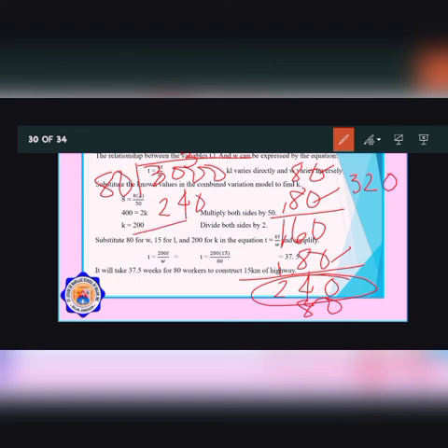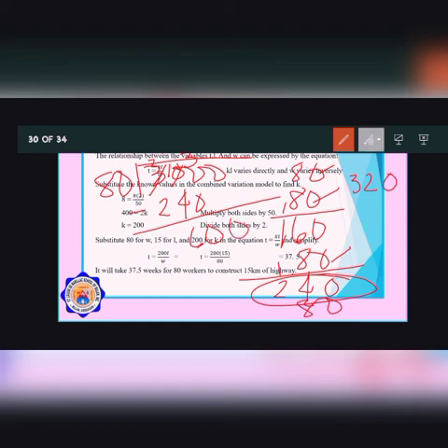So, 300 minus 240: 0 minus 0 is equal to 0. Then 0 minus 4 cannot be. So, magbabarrow tayo. Itong 0 ay magiging 10. Then, this 3 becomes 2. So, 10 minus 4 is equal to 6. And 2 minus 2 is equal to 0. So, 0. Then, bring down the 0.